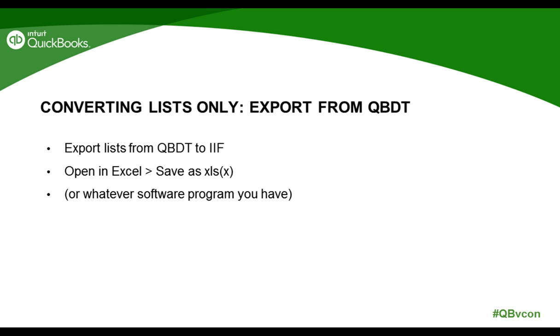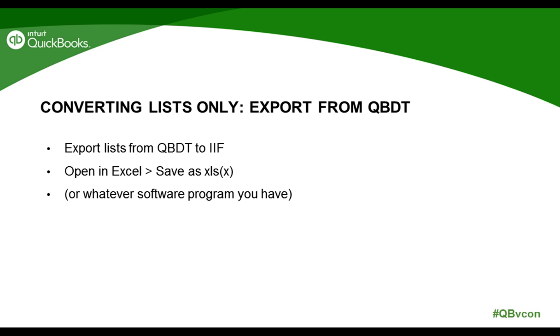And then what you're going to do is open up that IIF file in Excel. The way to do this is to open up Excel first, and then go File, and go to the folder that you saved that IIF. And instead of choosing all Excel files, you want to look at all files.